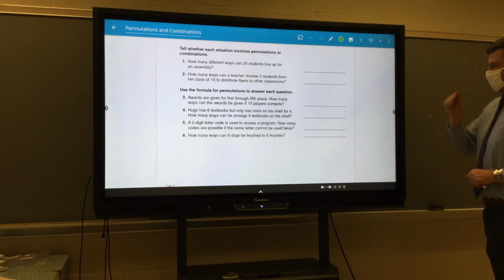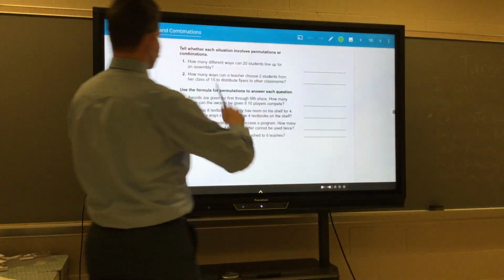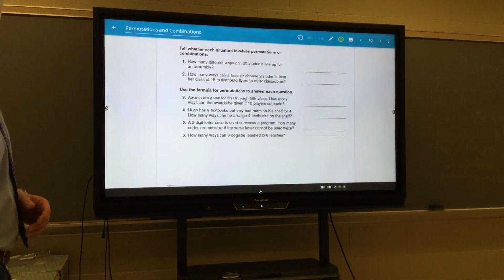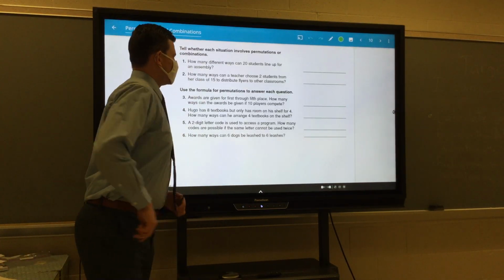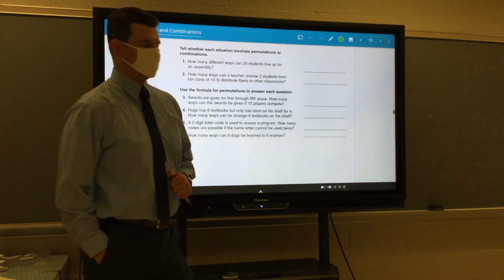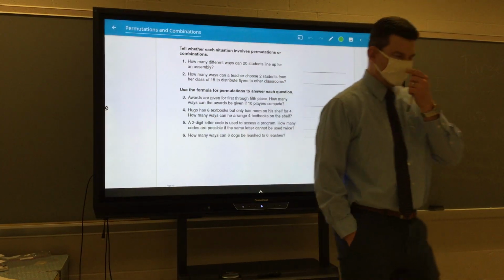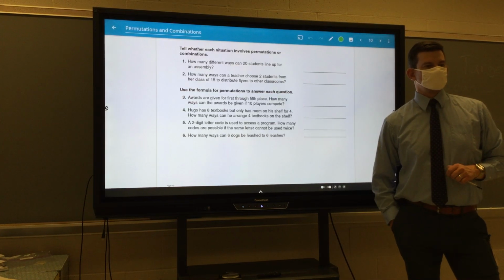Okay. All right. Our first 2 example problems just ask us to tell whether the situation involves a permutation or combination. How many different ways can 20 students line up for an assembly? Talking elementary school here. Would that be a permutation or combination? Come on.